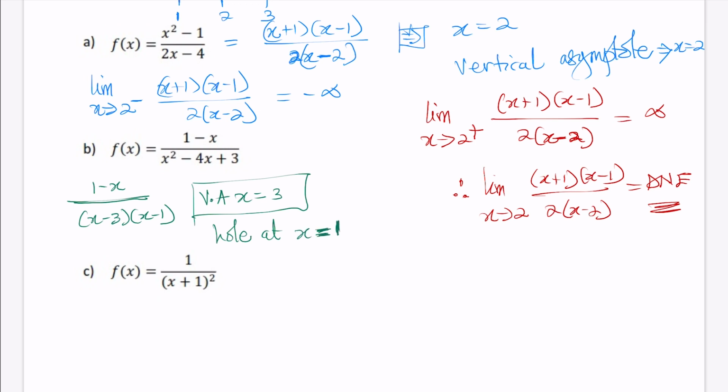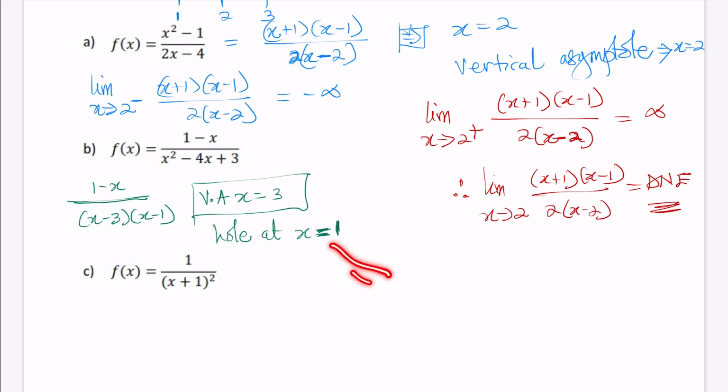The value of x that gives us 0 on the numerator and the denominator is what we call a hole. Because x equals 1 will give us 0 on both, but x equals 3 will only give us 0 at the denominator. So we have a vertical asymptote at x equals 3.